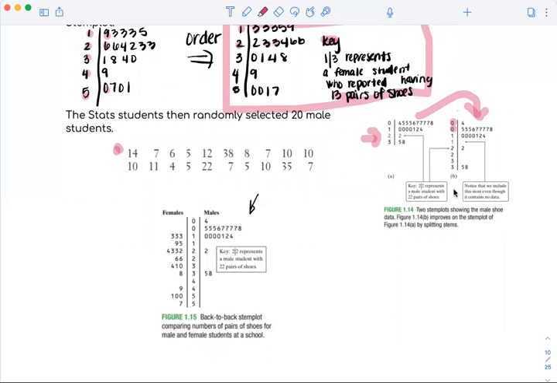And what this will typically do, especially if you have a lot of data values, is help you see the distribution a little bit better. So that's the only difference between this first stem plot and the second one.